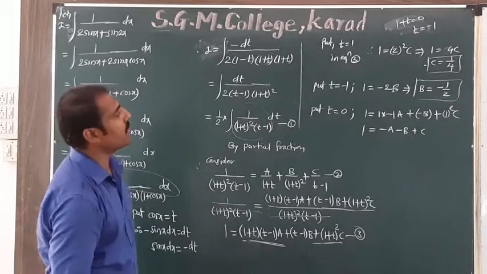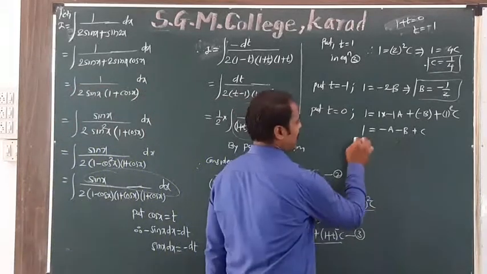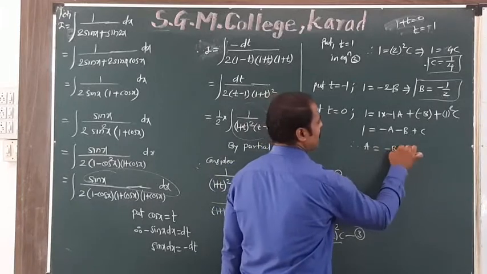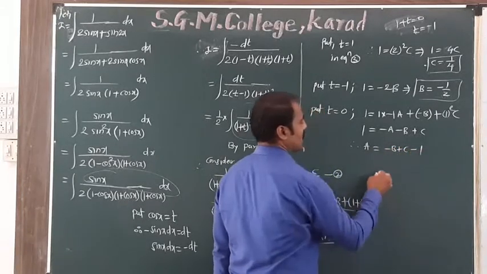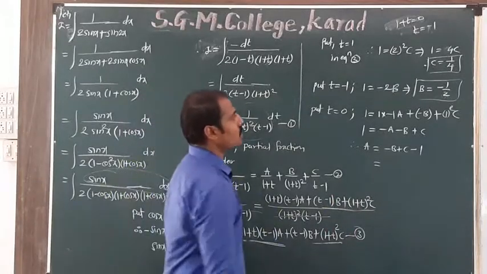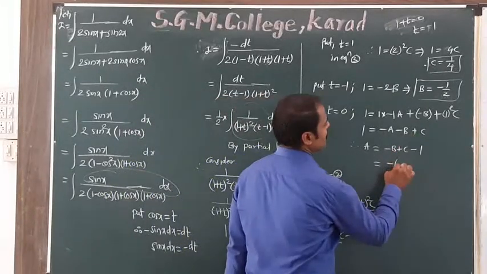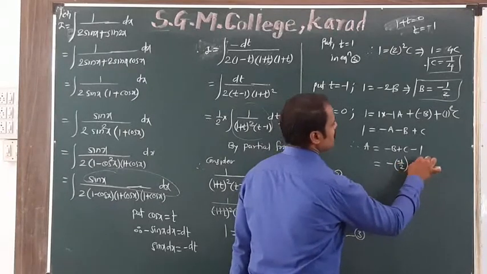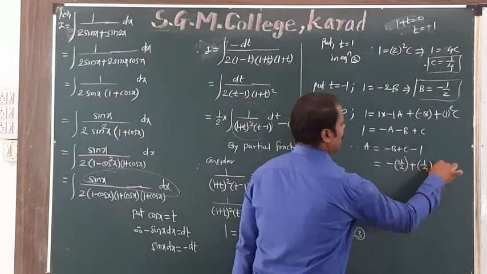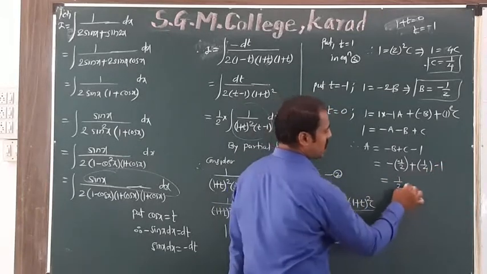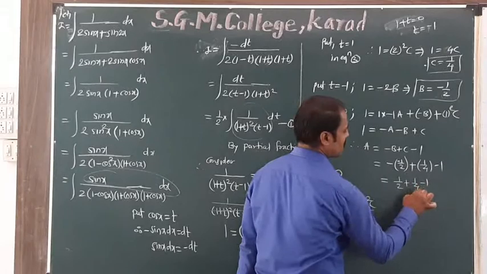But we have to find the value of a. So taking a on LHS, a is equal to minus b plus c minus 1. Put the values of b and c here. Minus b is 1 minus 1 upon 2, plus c is 1 upon 4, minus 1. After simplification, minus minus becomes plus: 1 upon 2 plus 1 upon 4 minus 1.